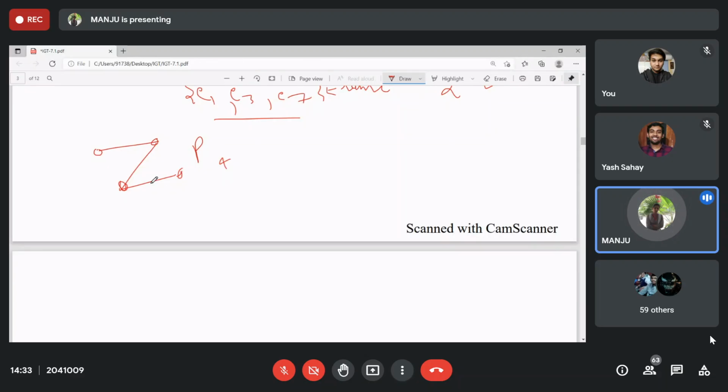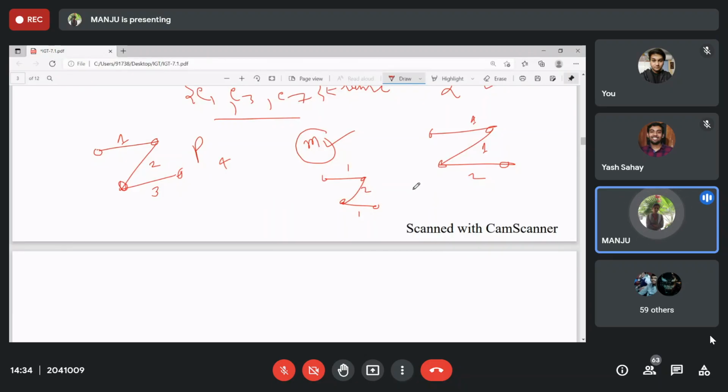The maximum number of colors used is the size of the graph. So here first color, second color, third color, okay? And the second P4 is first color, second color. The third P4 is first color, second color, first color.